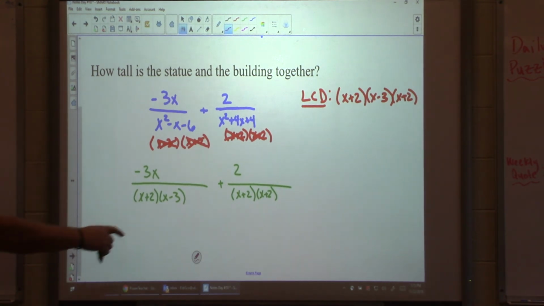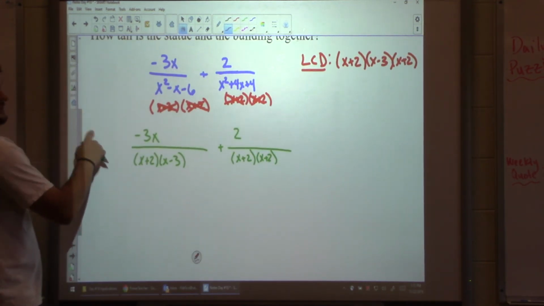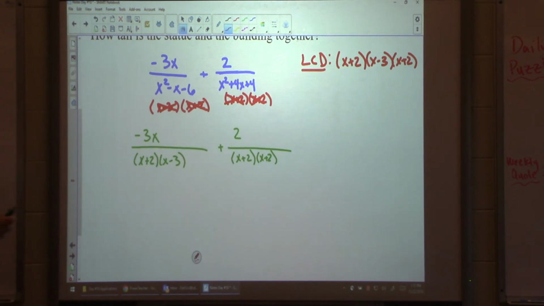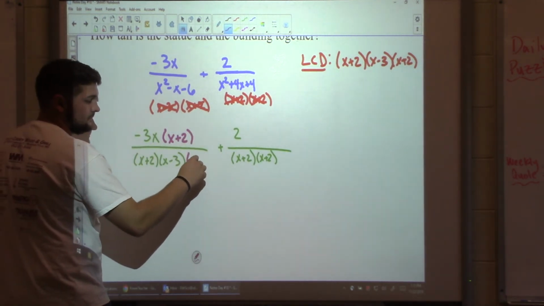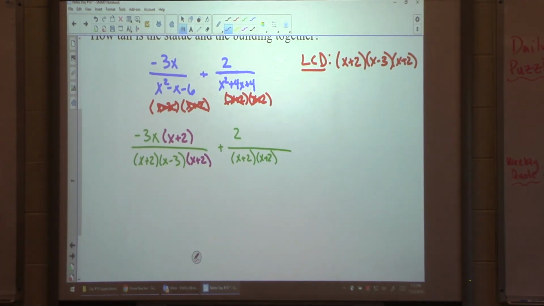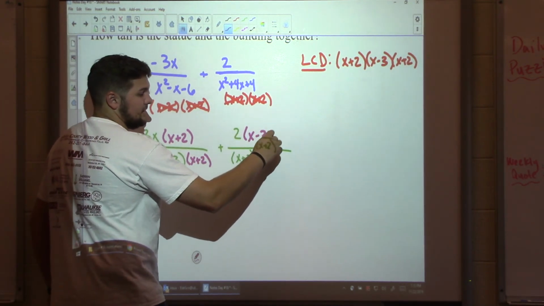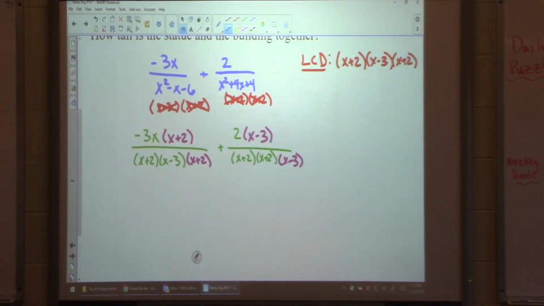The first fraction I have, what am I missing for my least common denominator? X plus 2. So that's what I'm going to multiply on top and bottom. The second fraction, what am I missing? X minus 3. So I'm going to multiply that top and bottom. Remember, we are not dealing with those denominators right now. We're leaving them as 3 pieces.